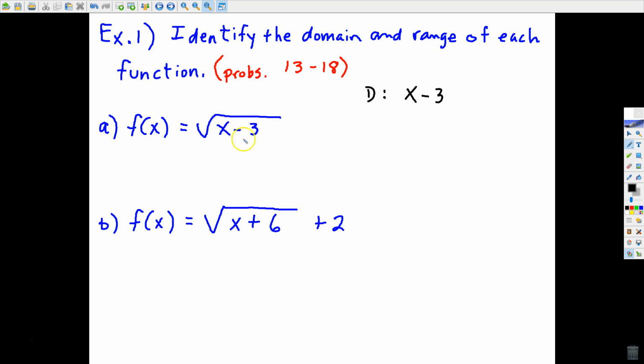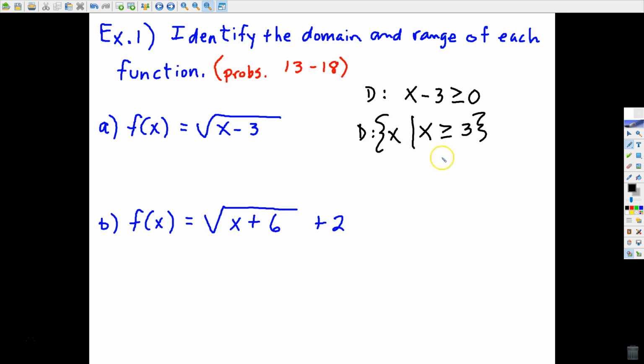Since this has to result in a number of 0 or greater, let's make this an inequality that says x minus 3 is greater than or equal to 0 and solve it. When I solve this, it shows that it's going to be all x that are greater than or equal to 3. So the domain will be all x such that x is greater than or equal to 3.